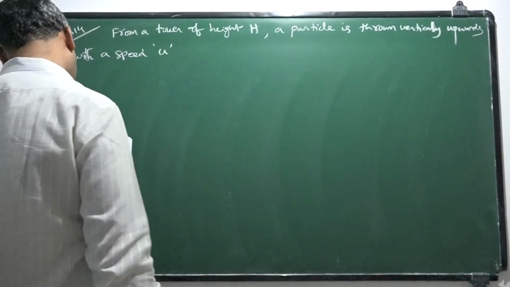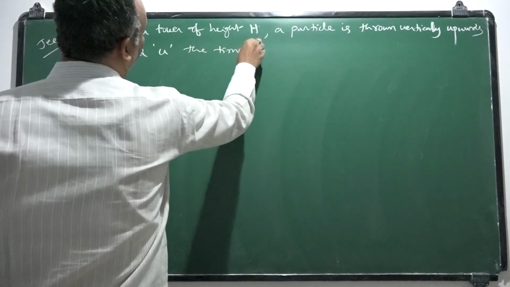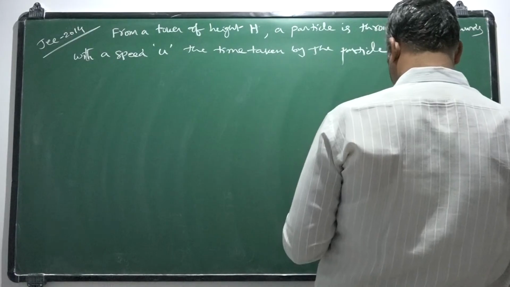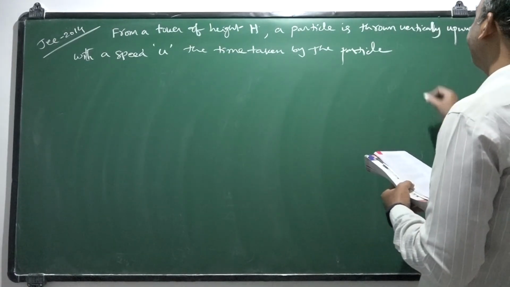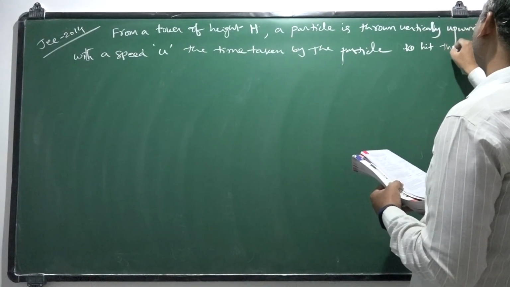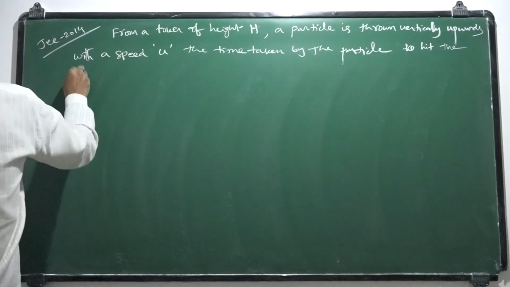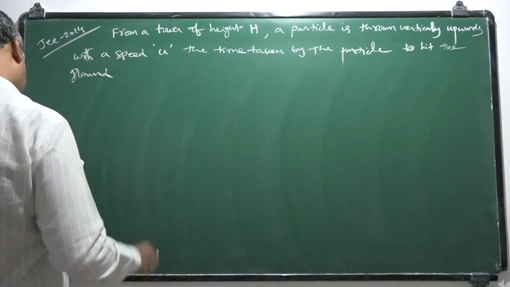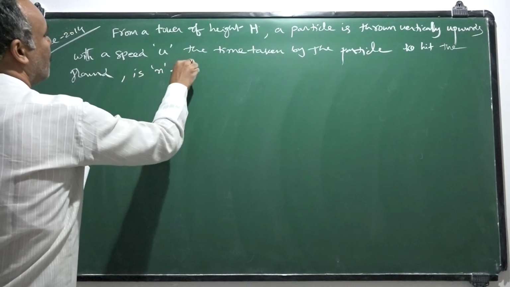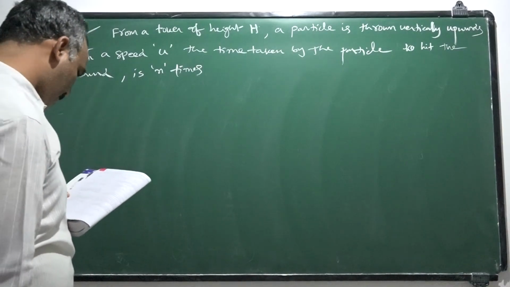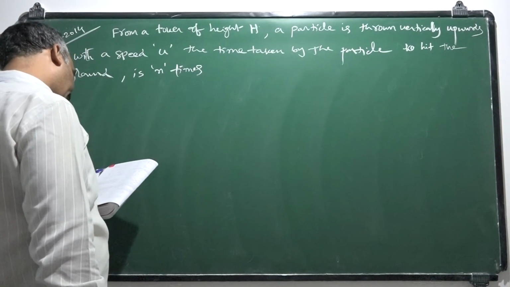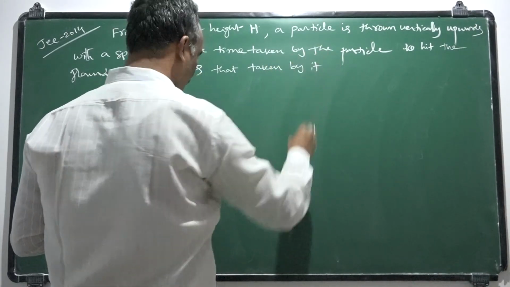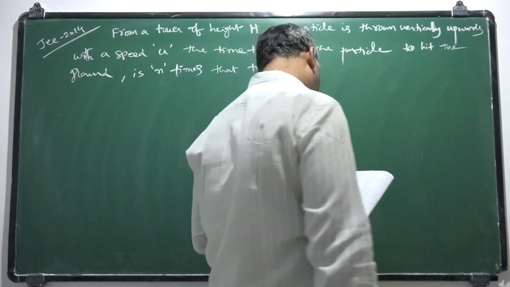The time taken by the particle to hit the ground is n times that taken by it to reach the highest point of its path.